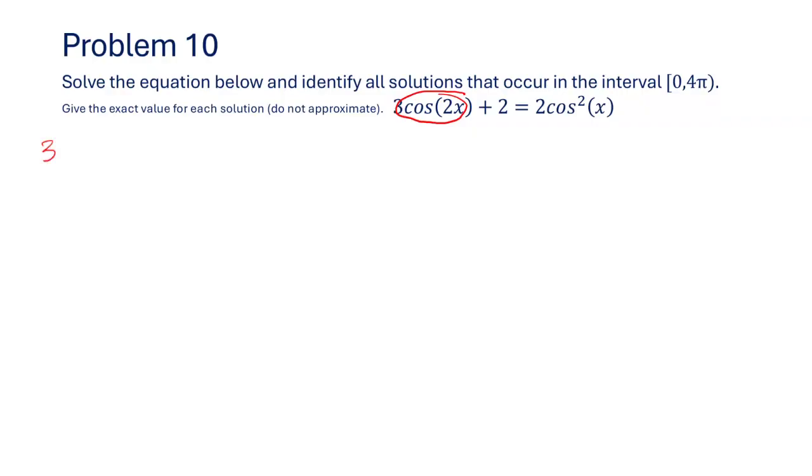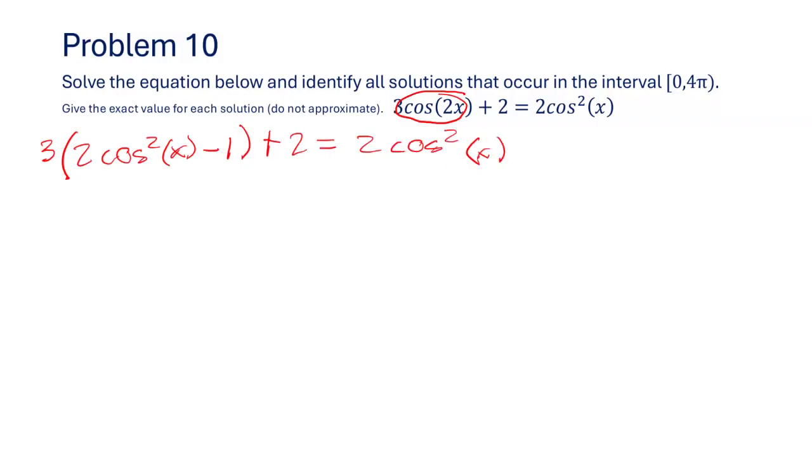So I'm going to rewrite that as 3 times 2 cosine squared of x minus 1, and then plus 2 equals 2 cosine squared of x.